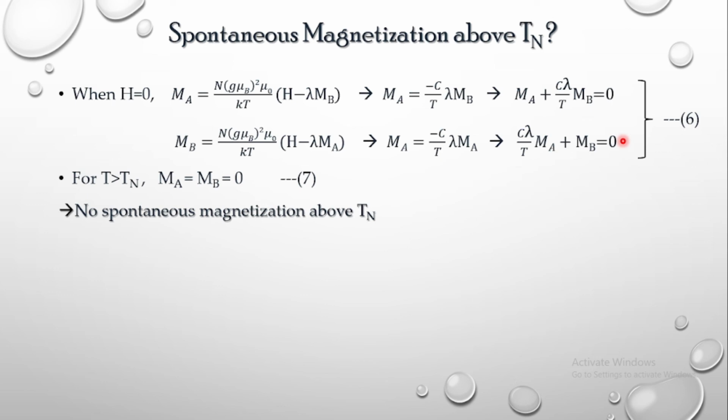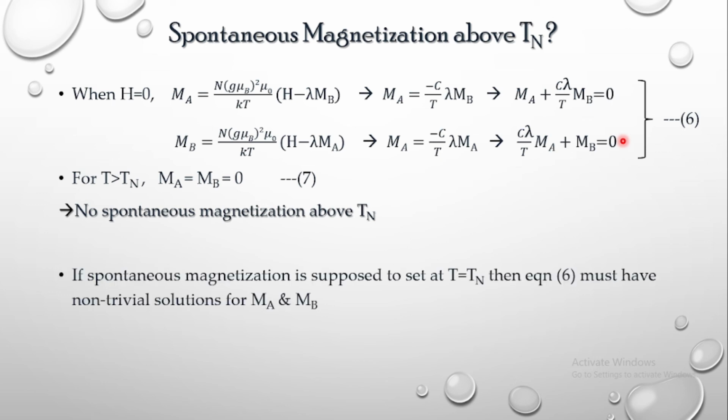And if the spontaneous magnetization of the sublattices is supposed to set in at T equals Tn, then equation number 6 must have non-trivial solutions for Ma and Mb at that temperature. If the solution has to be non-trivial, then the determinant of equation number 6 should vanish.